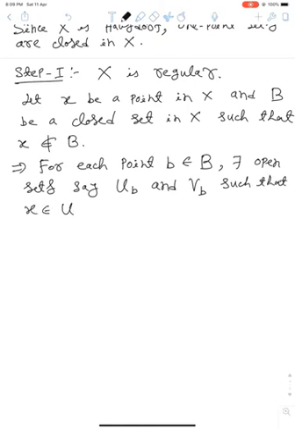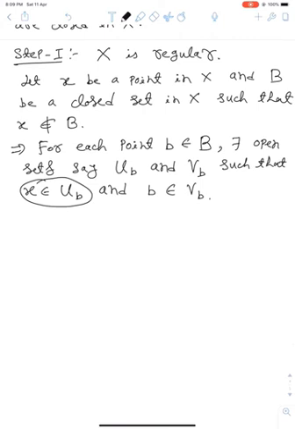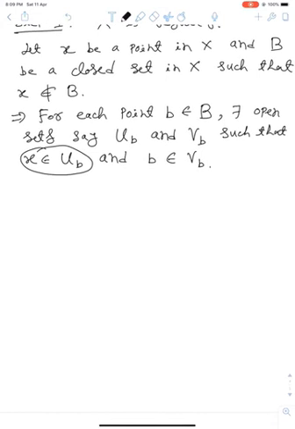Now here note that I am writing x belongs to UB, that is, I denoted that open set by UB, not by UX, just to remember that. This is not a mistake actually. Why I am writing UB, we will see later. Anyway, such that UB intersection VB is empty, right? Because they are Hausdorff.